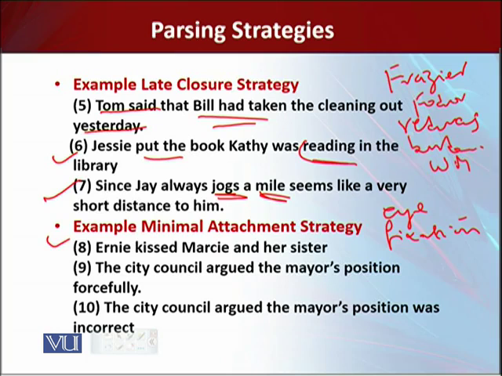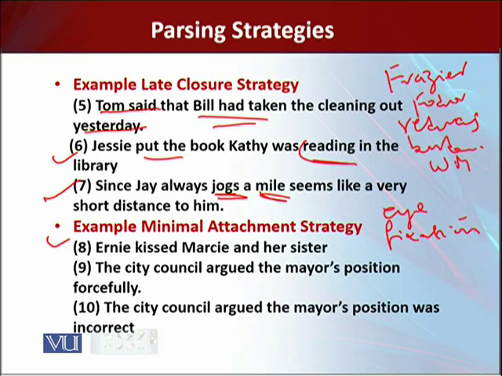Marcy and her sister. Here we are talking about the minimal attachment strategy, which refers to the preference for attaching new items into the phrase marker being constructed using the fewest syntactic nodes.